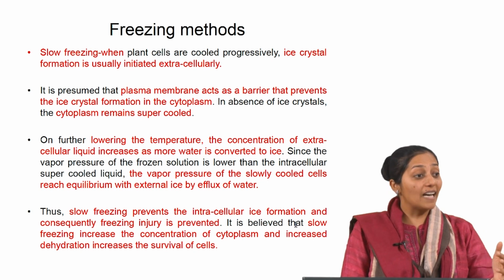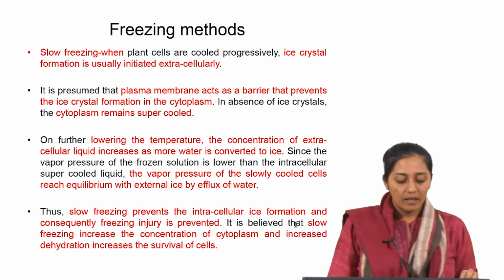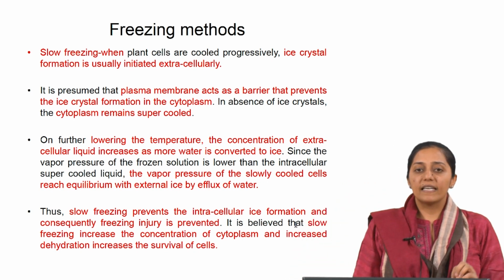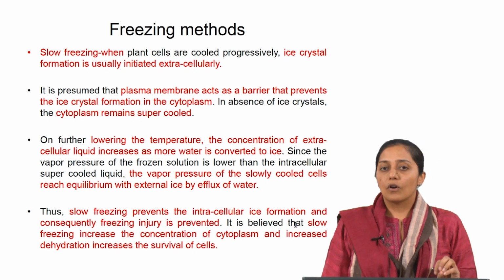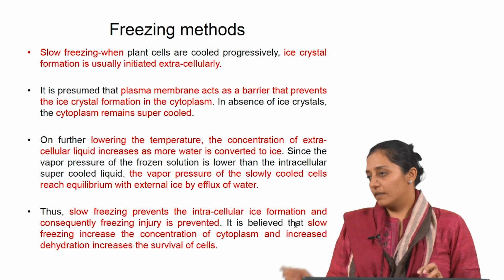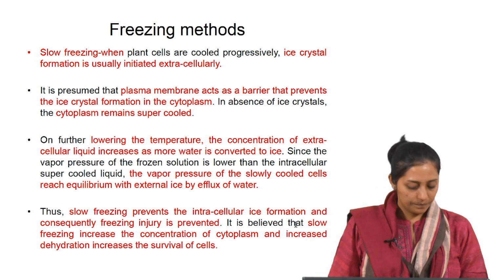So, you are giving time for the cells to adapt. Thus, slow freezing can prevent intracellular ice formation and consequently the freezing injury by crystal formation and the subsequent crystal growing inside the cell.